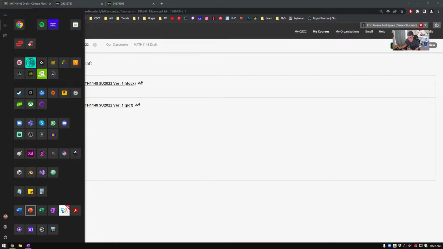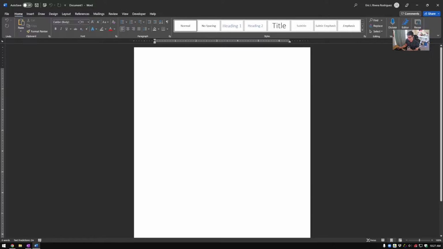So there is something that we need. We need a word processor in our computer or device. If you are planning to write and type the project, then you need a word processor.